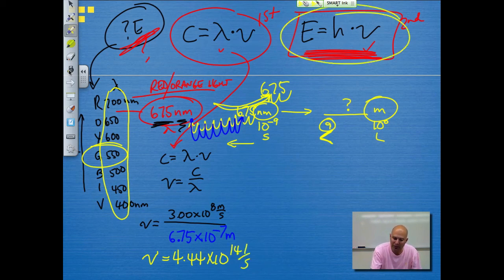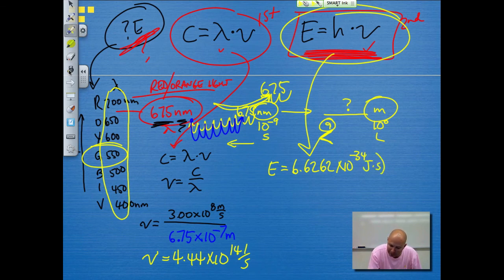I'm going to take this formula down. E is equal to 6.6262 times 10 to the negative 34th. I really like writing my labels, I really should: joules seconds, times your frequency, which is right here.